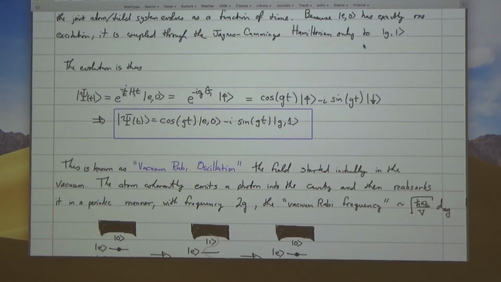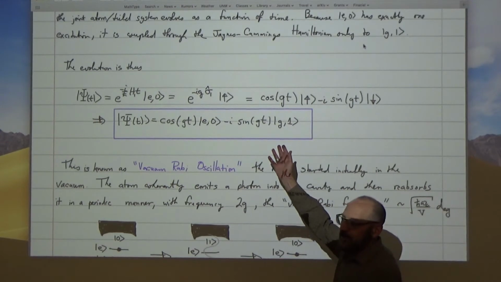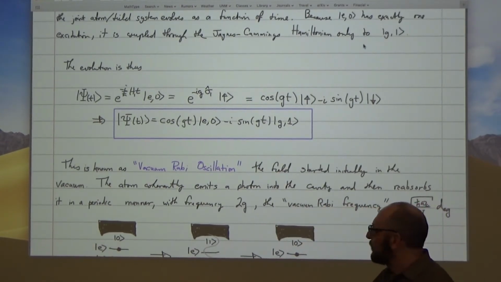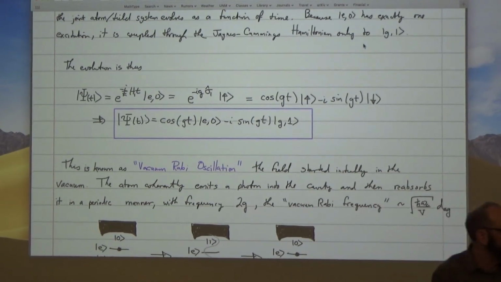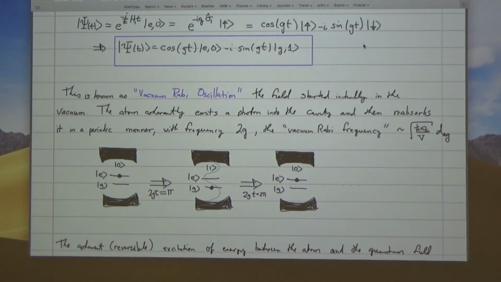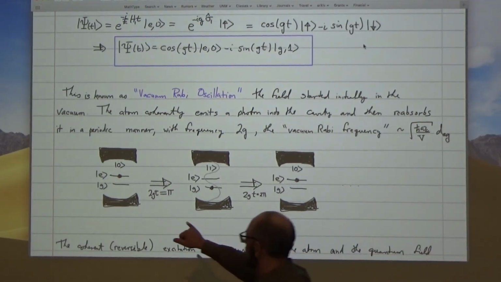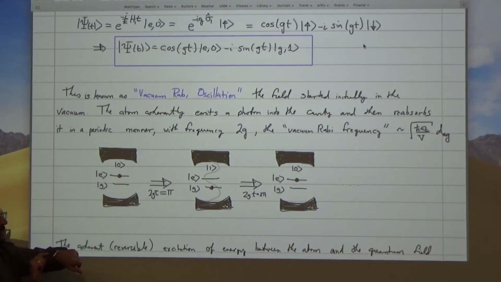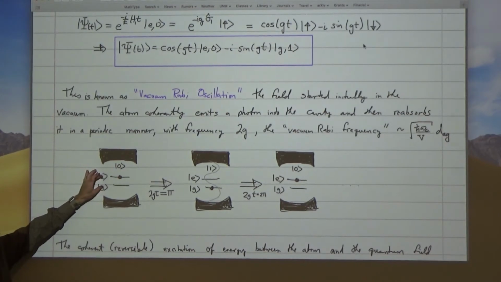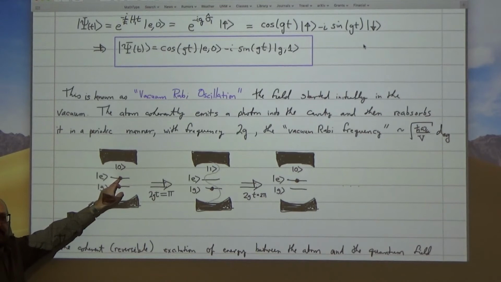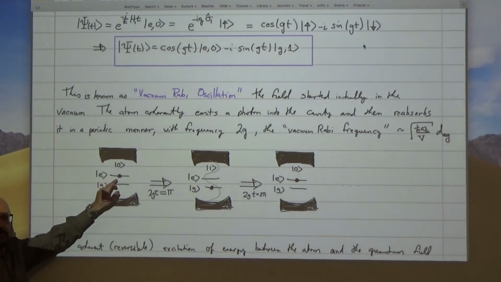maybe I'll cheat and be a PowerPoint guy for a second. What if we started the atom, as is shown in this picture, in the excited state, and it transfers through the cavity? What's going to happen to the atom if it's in the excited state at time t equals 0?